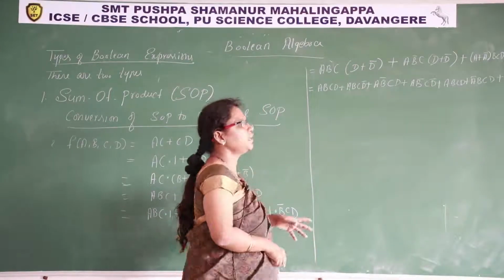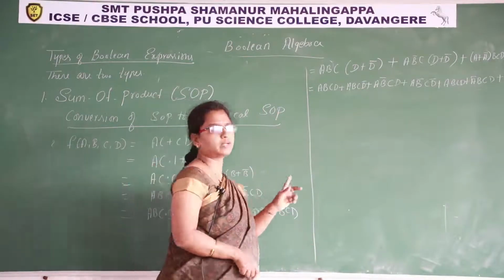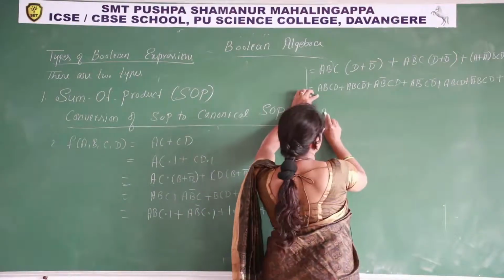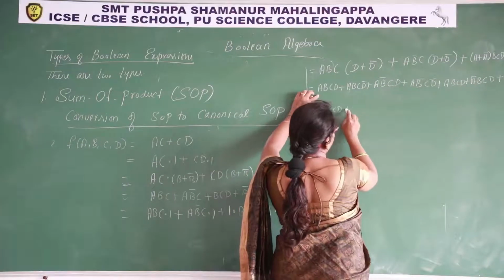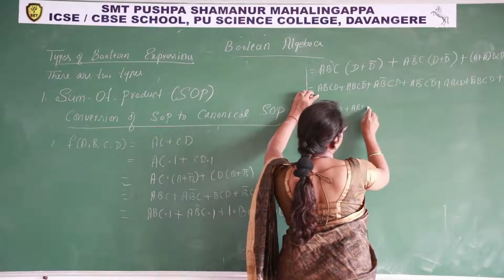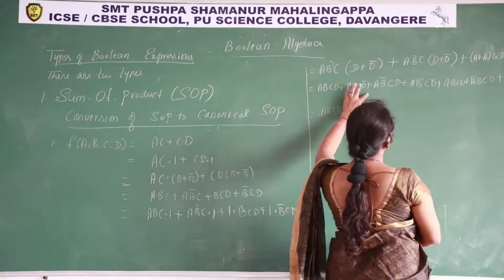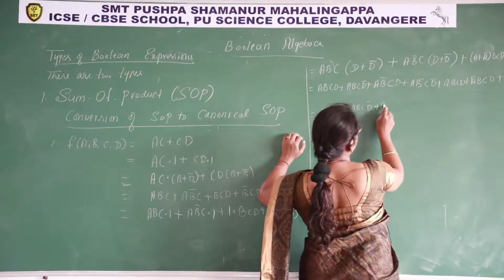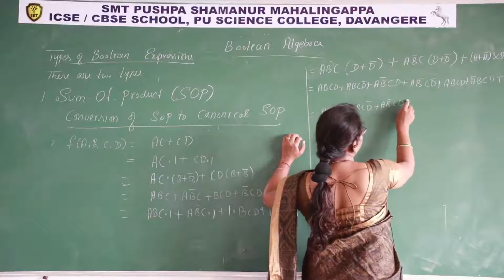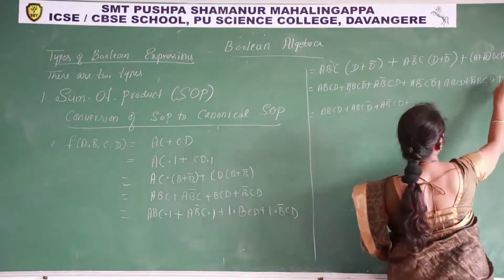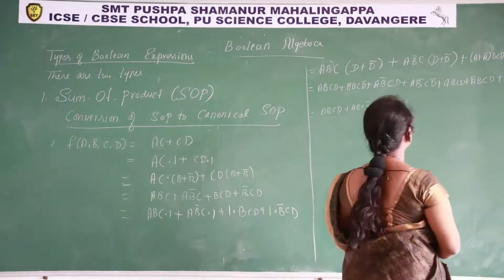If there is any redundant sub-expression, you should write it only once. ABCD, ABCD bar, next AB bar CD, plus AB bar CD, repeated here, you should not write again.